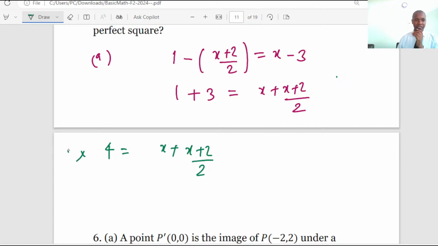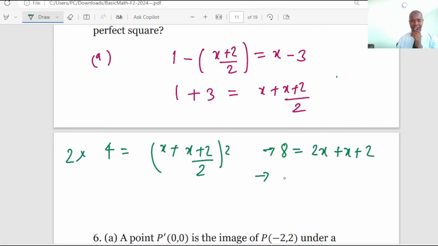So we'll be multiplying here by 2, and this side we are going to multiply by 2. When you do that, what happens, actually we have 8 equals to 2x plus x plus 2.